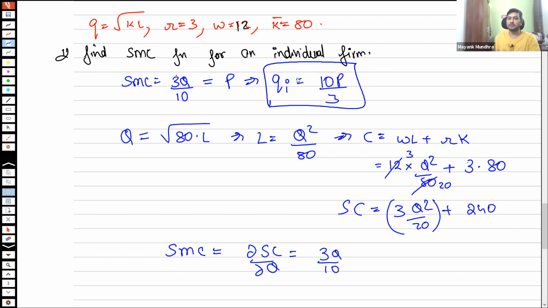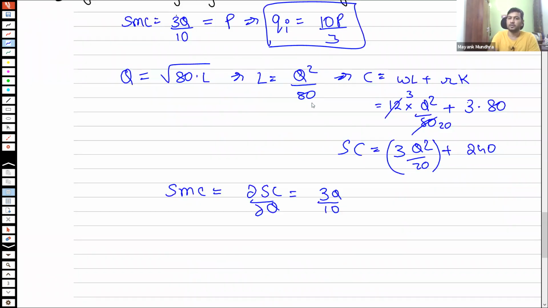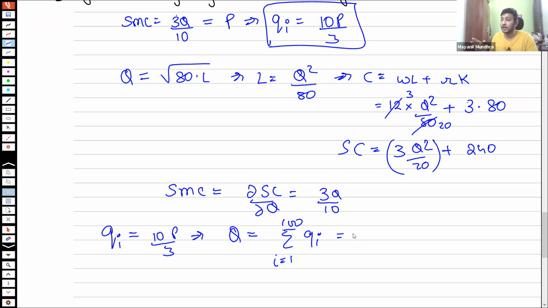At any price level, one firm is supplying 10P by 3 quantity. Total quantity supplied is the summation of all Qi going from i equals 1 to 100. Since all firms are identical, each Qi is 10P by 3, so you just have 100 into 10P by 3, that is 1000P by 3.